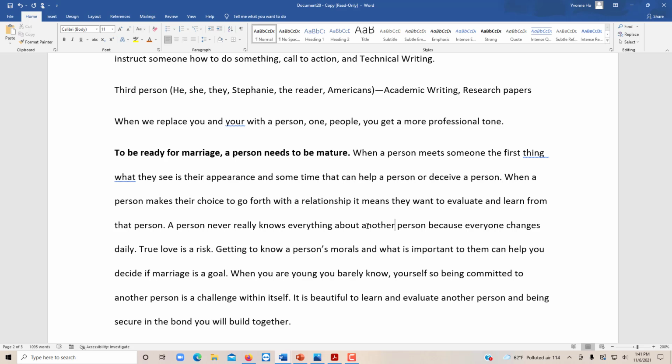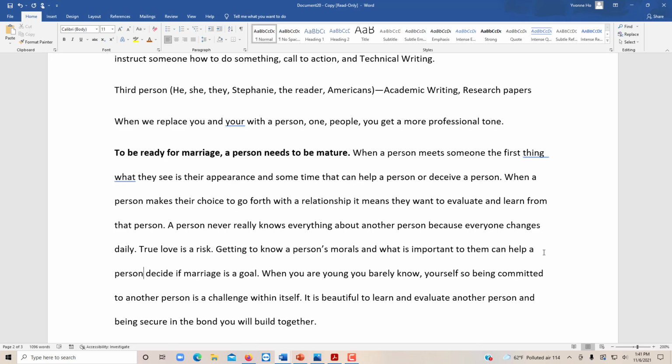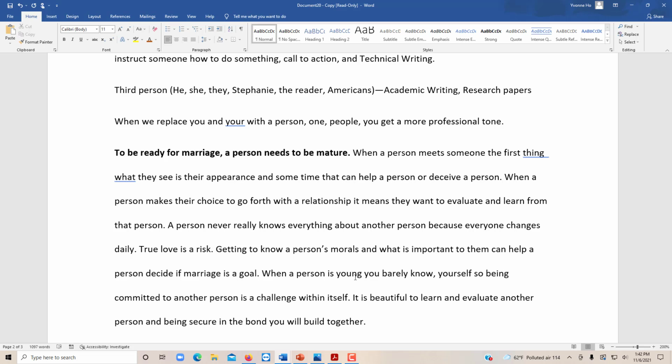True love is a risk. Getting to know a person's morals and what is important to them can help a person decide if marriage is a goal. When a person is young, they barely know themselves.